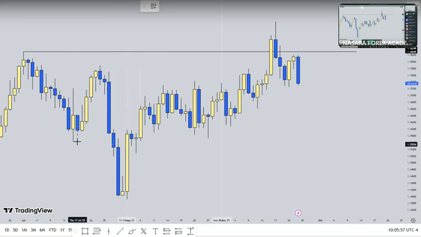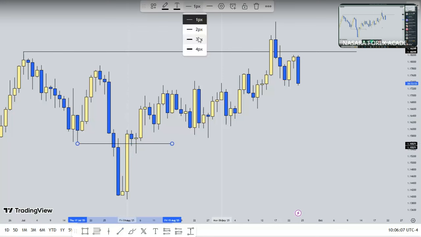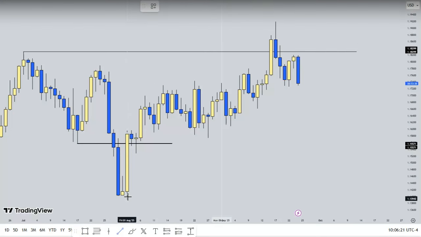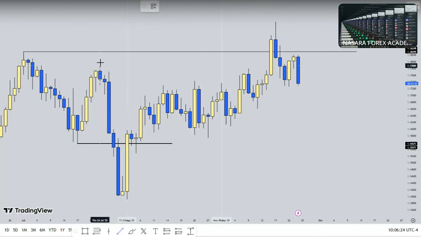Price took out this low, and we have only two candle closures below the low, so it's still valid to us. This is a range that is already closed, right? And this high is already closed too. We are just using it for some things, and I will show you. Even when a range is already done, I actually use it.